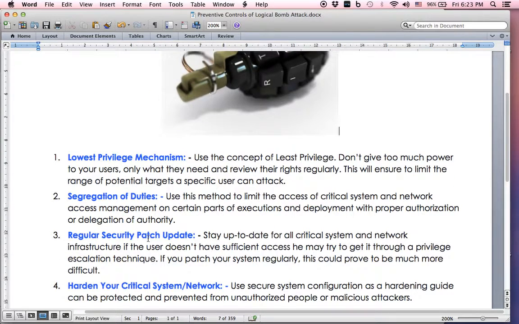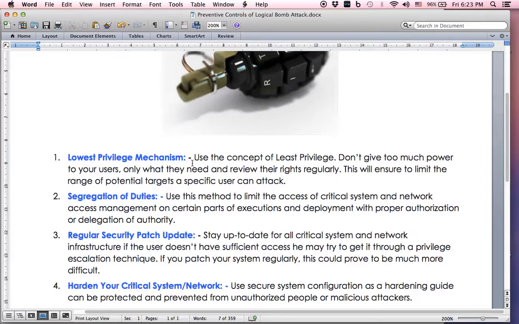So mechanism one is the lowest privilege mechanism. Lowest privilege is the original word, but we can also say least privilege. Least privilege and lowest privilege are the same. With this mechanism, the organization uses the concept of minimizing access, meaning users access only certain roles and functions based on the standard or criteria requirement: need to know basis, need to have basis, or need to access basis.